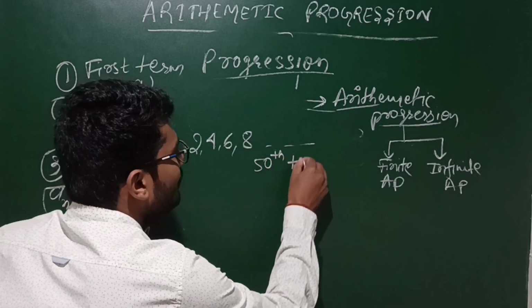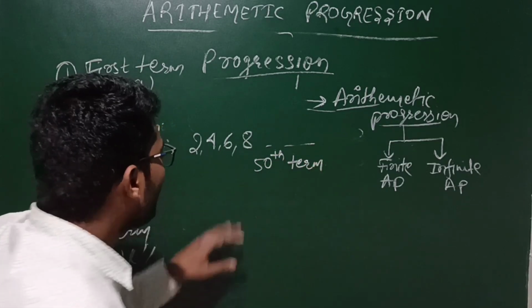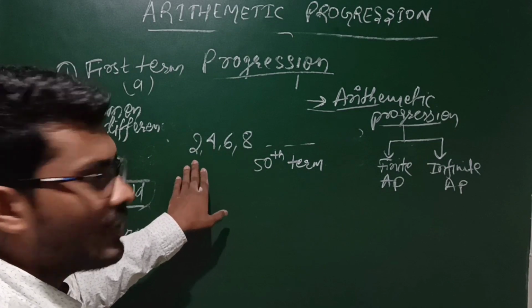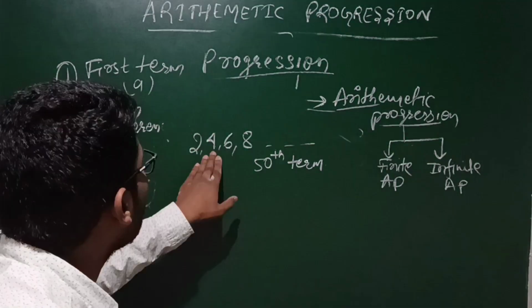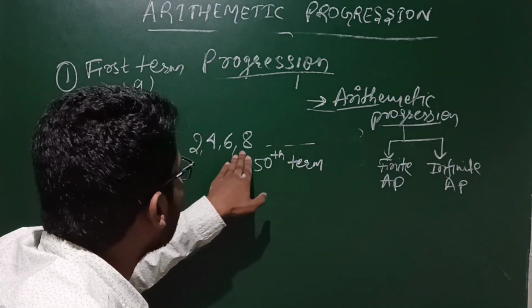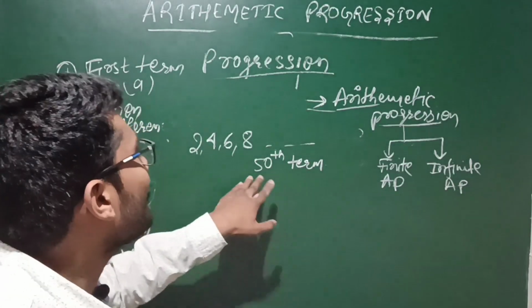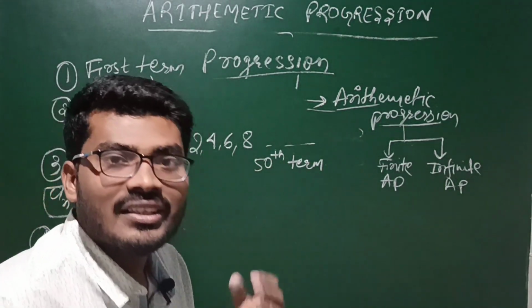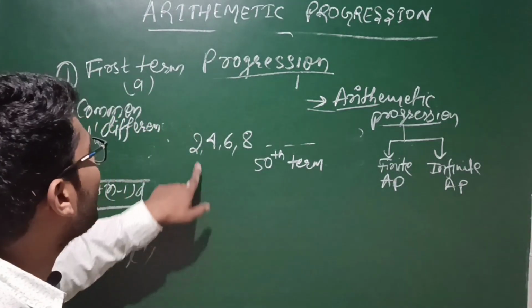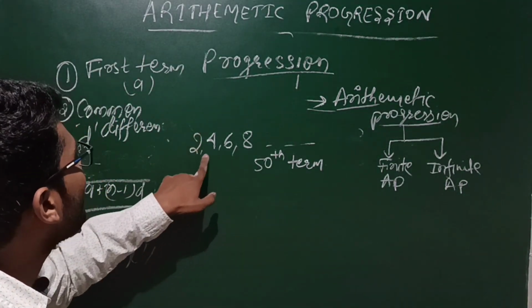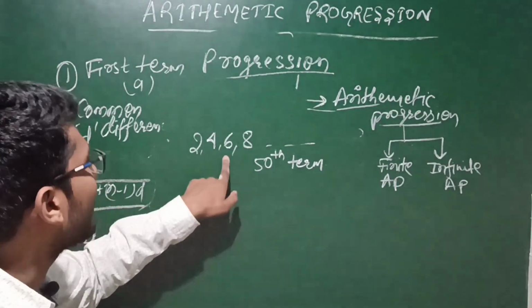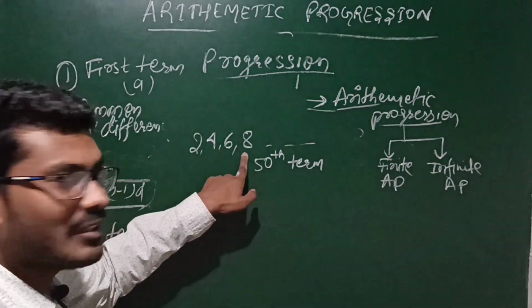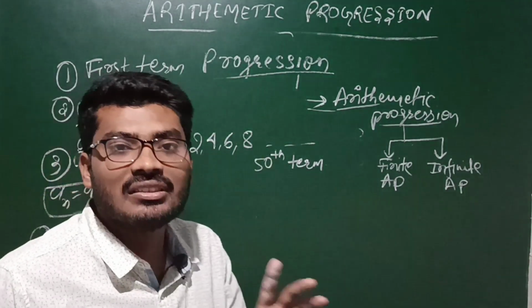The first term of the AP is 2, the second term is 4, the third term is 6, 8, and so on. First we have to determine whether it is an AP or not. The difference between two consecutive terms is 2, again 2, and again 2. So we can conclude that this is an AP.